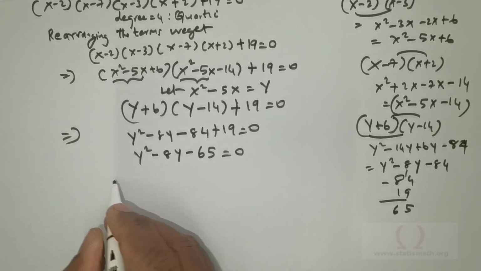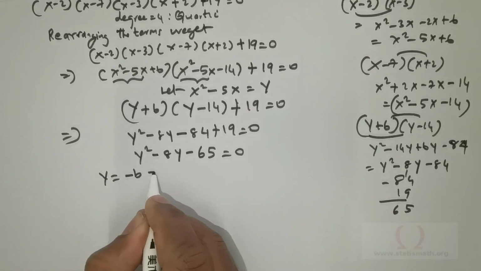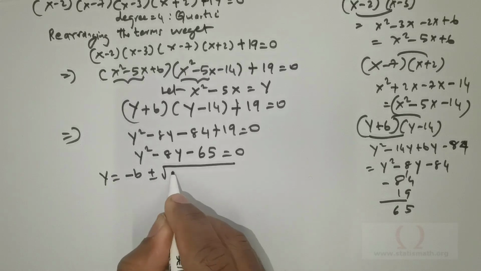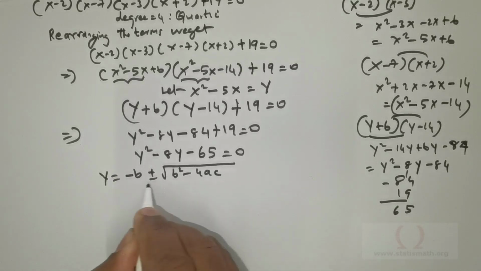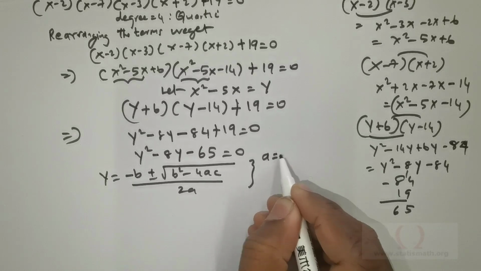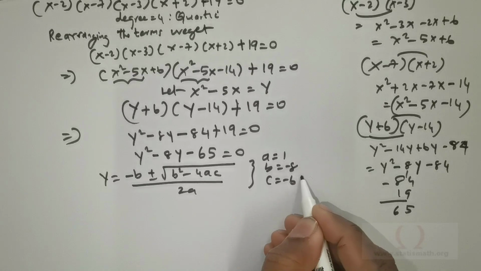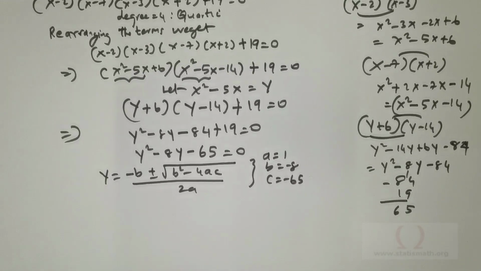I'm using the formula y is equal to negative b plus or minus the root of b squared - 4ac, divided by 2a. By this formula my a is 1, b is -8, c is -65.